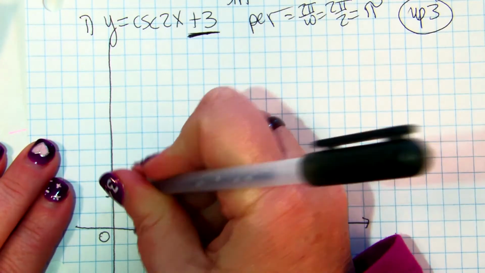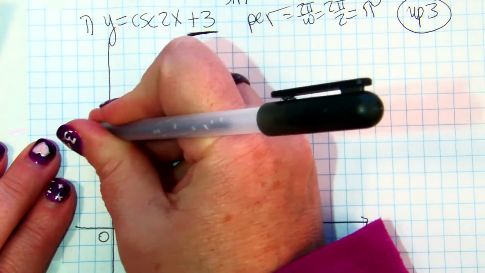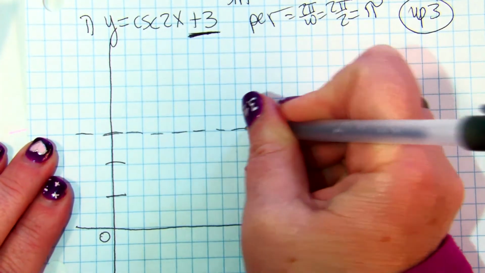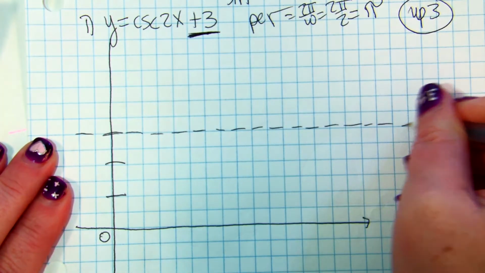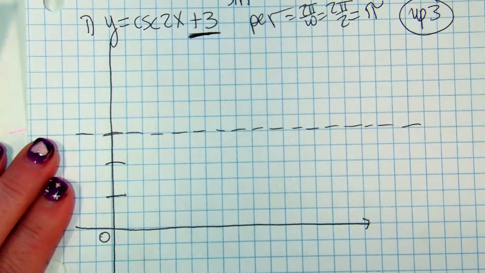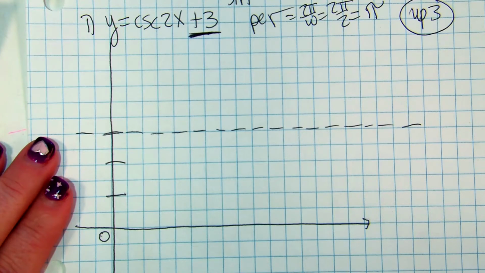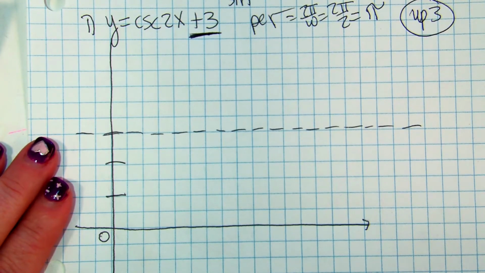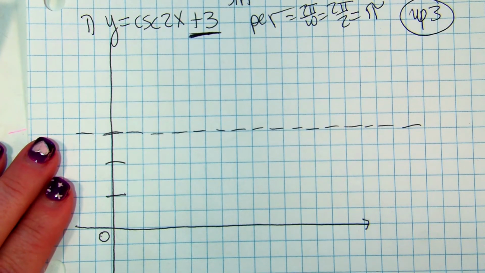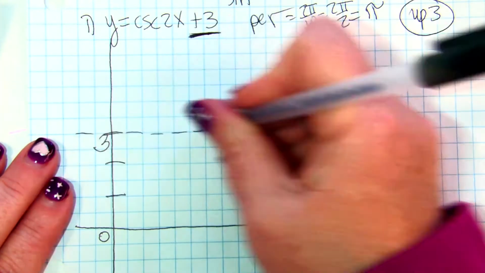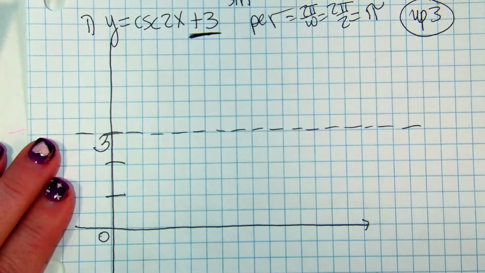So I go 1, 2, 3, and then I do a dashed line at 3, because that's where our new x-axis is. If you shift the whole graph up 3, that's going to be the middle of the graph. So at 3, you draw a dashed line, and now you pretend that that's the x-axis.